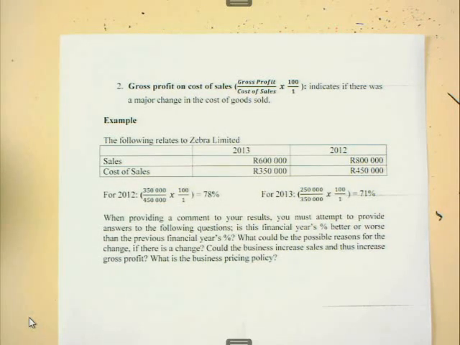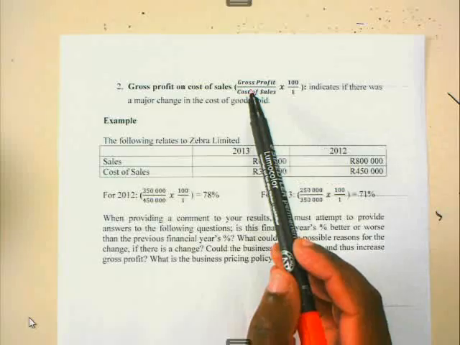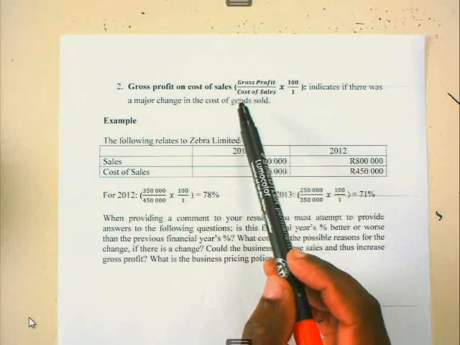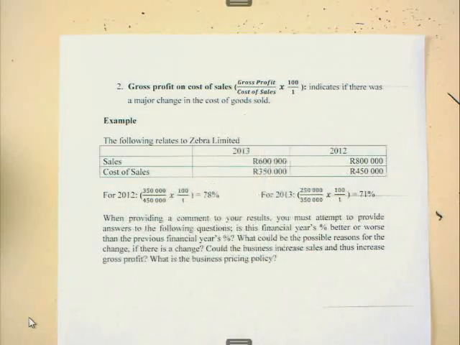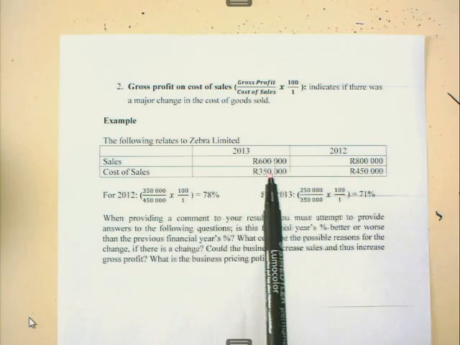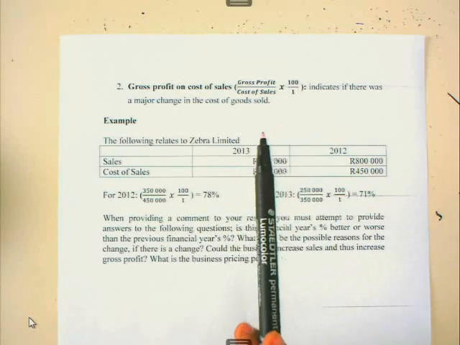The gross profit on cost of sales, I gave you the formula there. It's gross profit over cost of sales now. Remember, the first one was gross profit on sales, therefore we were dividing by the sales. But now we have moved to the gross profit on cost of sales.